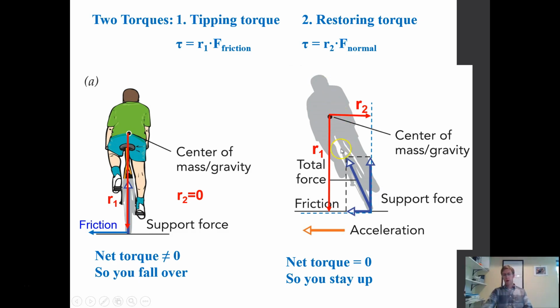But all of a sudden, the force that generated my centripetal force, that inward pointing friction force, as soon as I hit the ice, boom, that was gone. So what we call the tipping torque was gone. But I still had the torque generated by my normal force because of my lean. And so guess what happened? I experienced an angular acceleration, and this time counterclockwise, and the bike fell over.